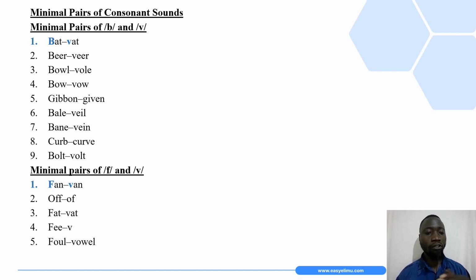So let us move to the next category, that is minimal pairs of the consonant sounds F and V. Under this category, dear students, we have examples as shown below. So we have fan and van, off and of, fat and vat, fee and v, foul and vowel.